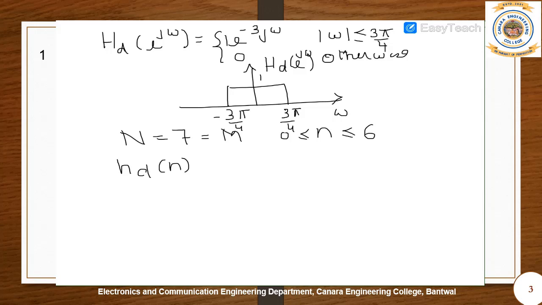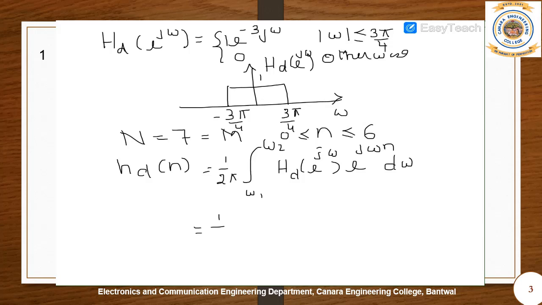HD of n is 1 over 2 pi, integral from omega 1 to omega 2 of HD of e to the power j omega, e to the power j omega n d omega. In this problem, HD of e to the power j omega is e to the power minus 3j omega, times e to the power j omega n d omega.